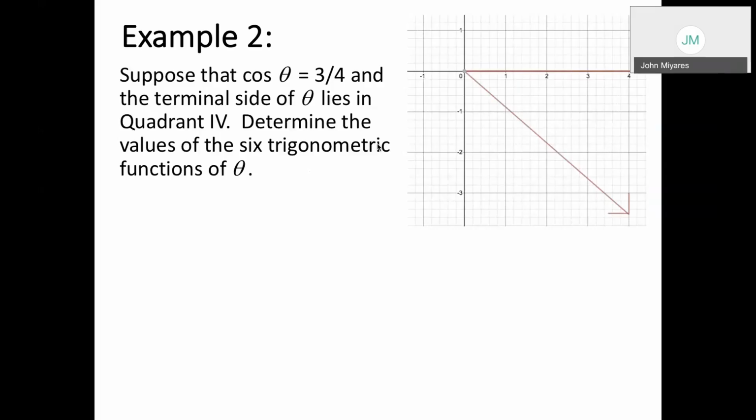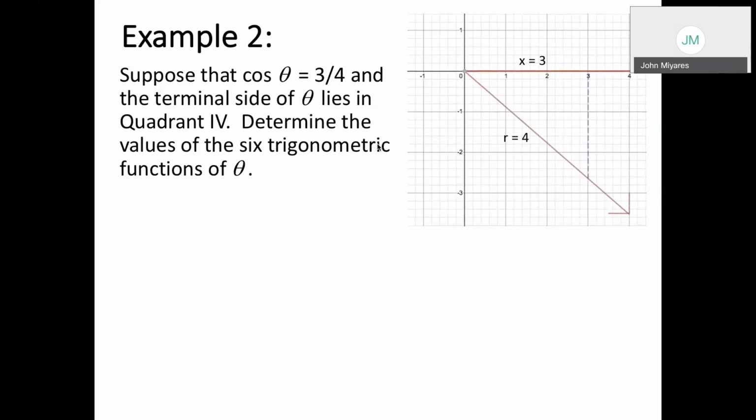So I'm just going to eyeball it here and say it looks something like this. We can draw a perpendicular segment back to the x-axis as shown here. Then we can label the different parts of our reference triangle. The adjacent side is 3 and the hypotenuse is 4.